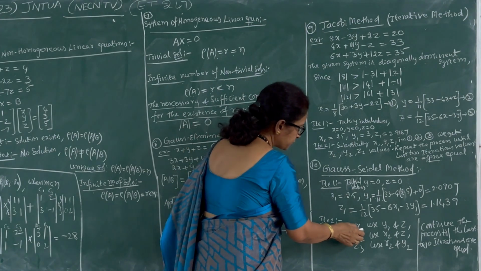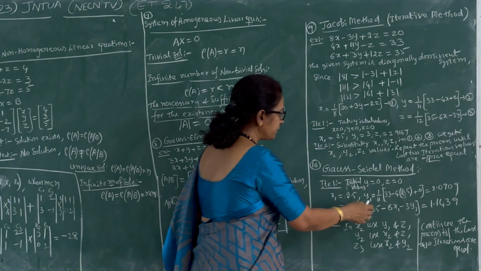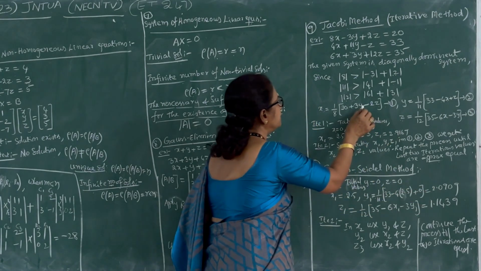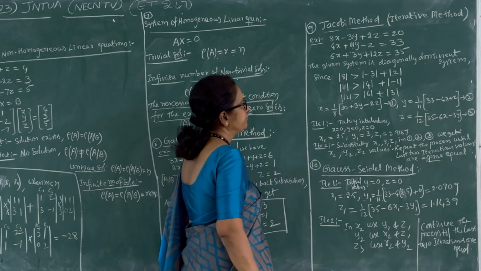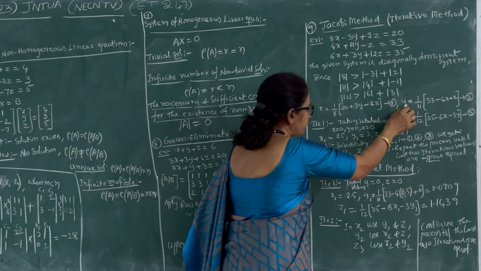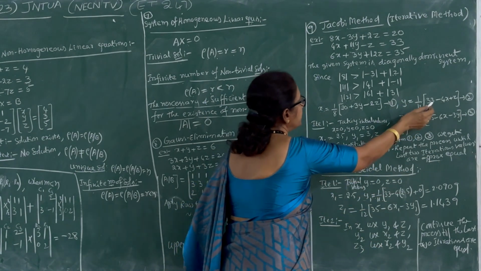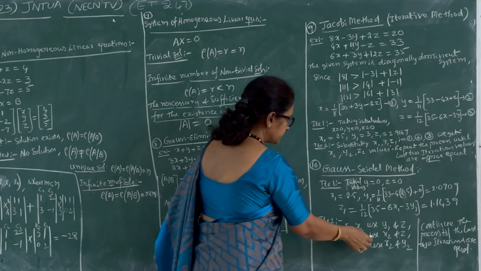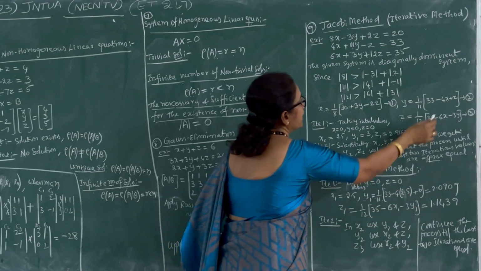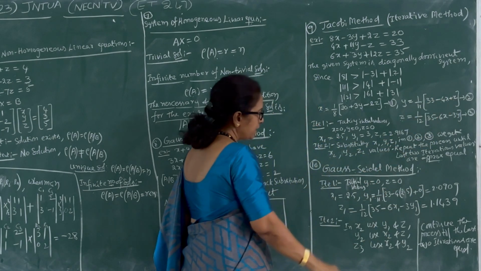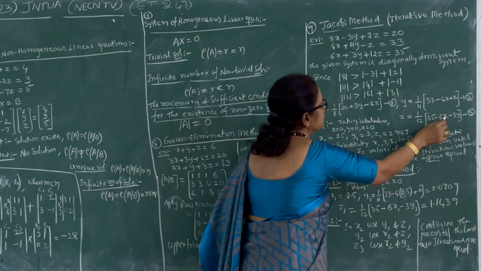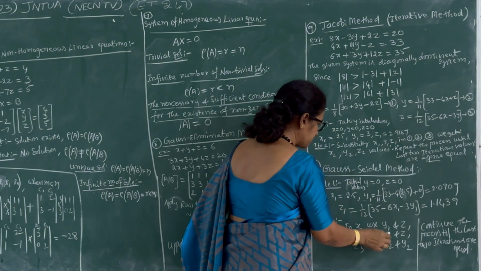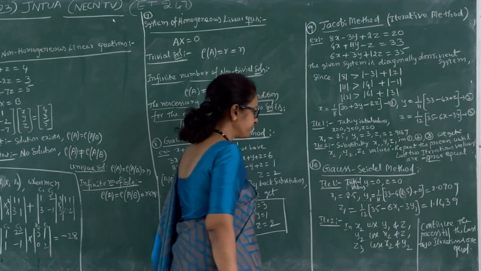In order to find x2 value, we are using y1 and z1 values. Next, in order to find y2, we are using this x2, that is the above value x2, and z1. And to find z2 value, here we are using x2 and y2, the two latest values.